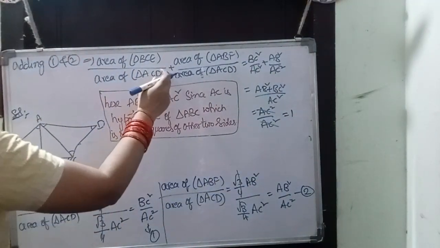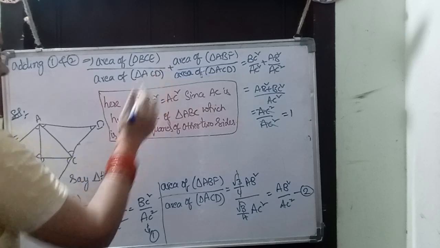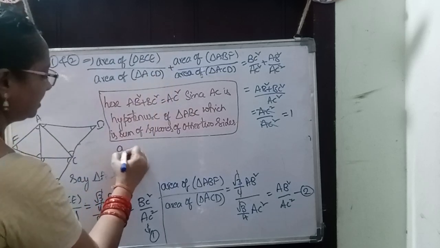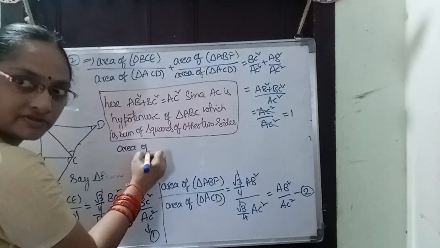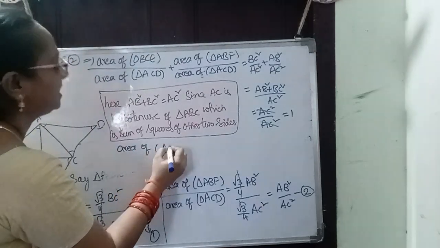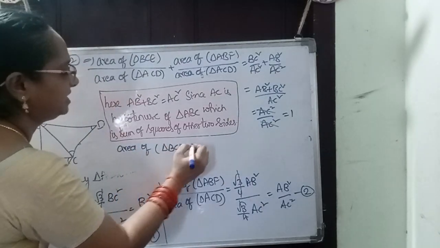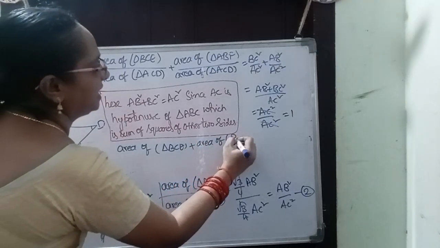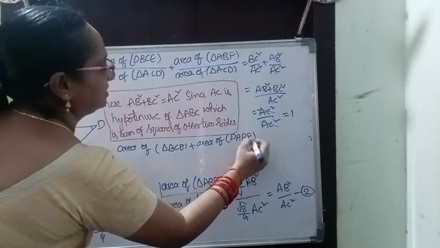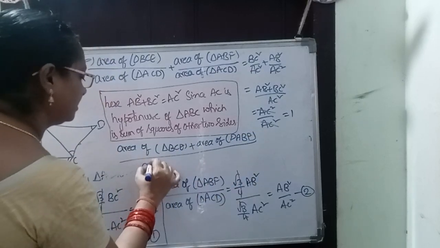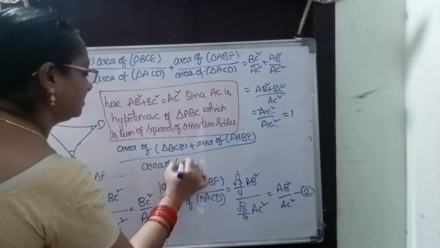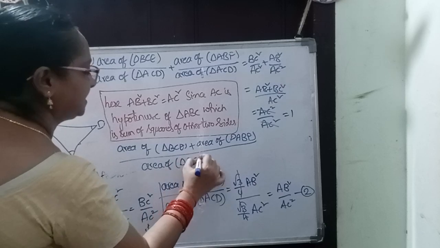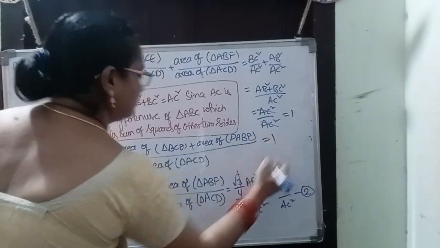So for this step, what can we write? Area of triangle BCE plus area of triangle ABF by area of triangle ACD equals 1.